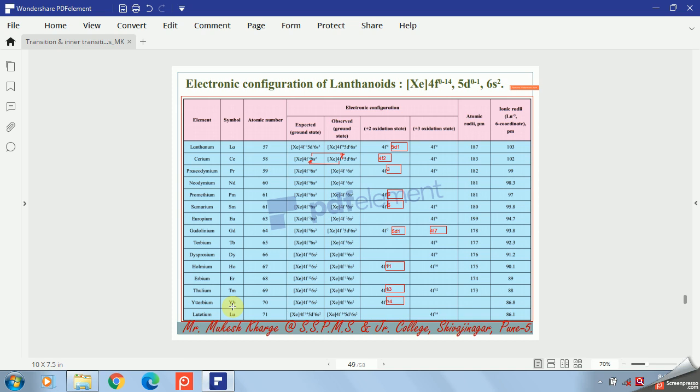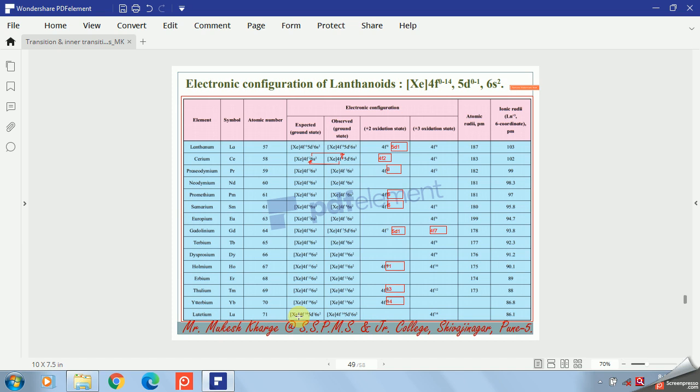Then ytterbium, denoted by Yb, atomic number 70, the electronic configuration is xenon 4f14 6s2, the same for observed also. If we donate 2 electrons from 6s, the Yb2+ is 4f14. And lastly, lutetium, atomic number 71.